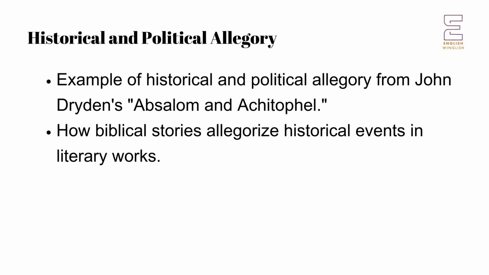The biblical story of Absalom's rebellion is skillfully allegorized to reflect Monmouth's own rebellion against King Charles. Through this allegory, Dryden provides insightful commentary on the political intrigues and power struggles of his time.